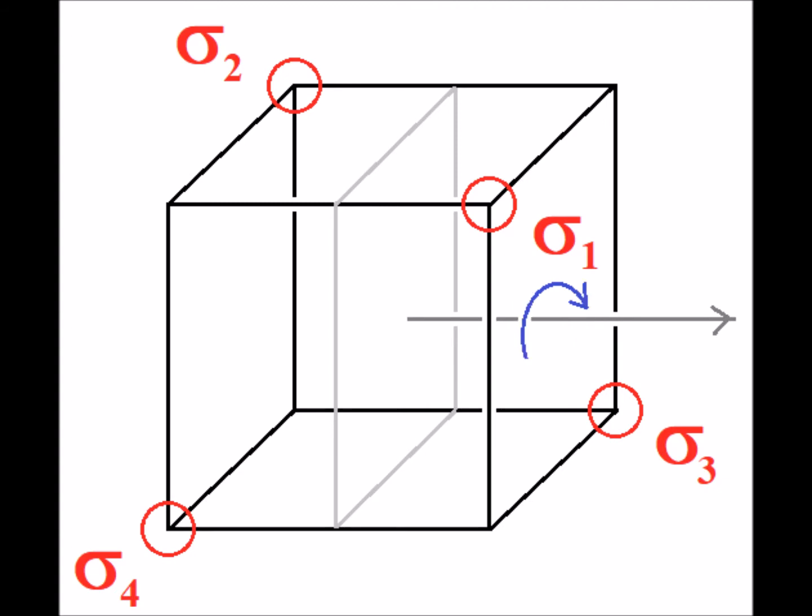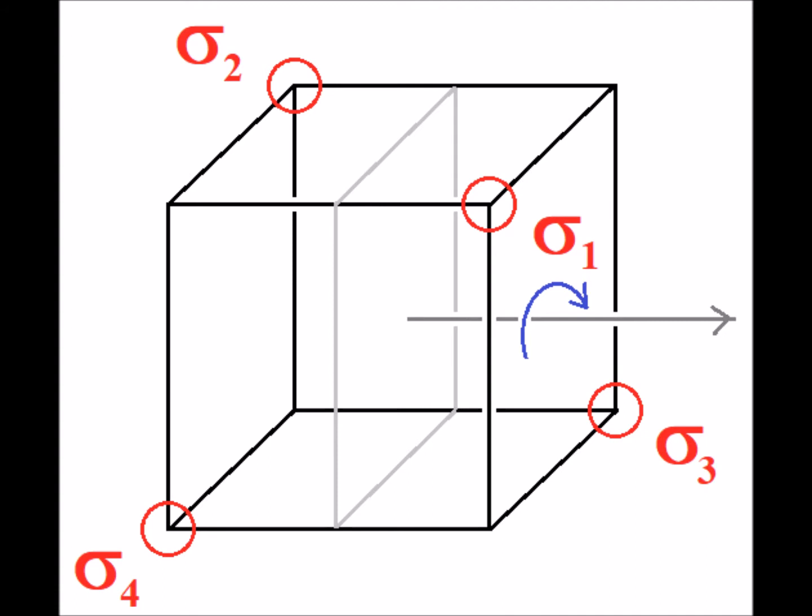Here is a separate S4 operation where we rotate 90 degrees clockwise. This can also be referred to as S4 to the minus 1 because it's the inverse of S4, or it consists of 3 S4s in the anti-clockwise direction together, so we can call it S4 cubed, and that is the notation that we will use later in the derivation.